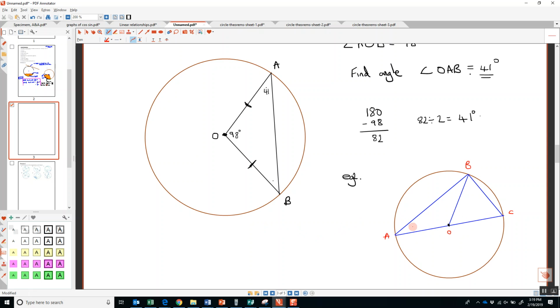And let's say that this angle is 28. Sorry, can you see that okay? So angle OAB is 28 degrees.